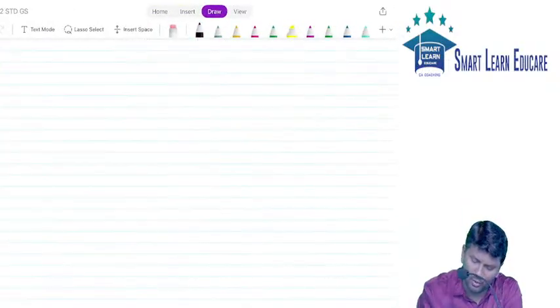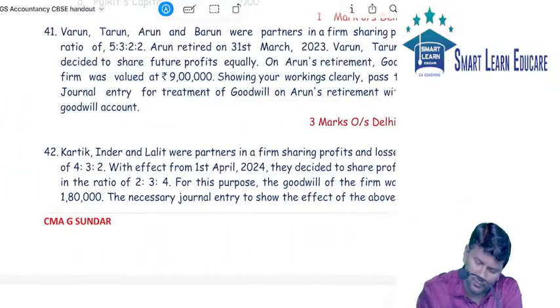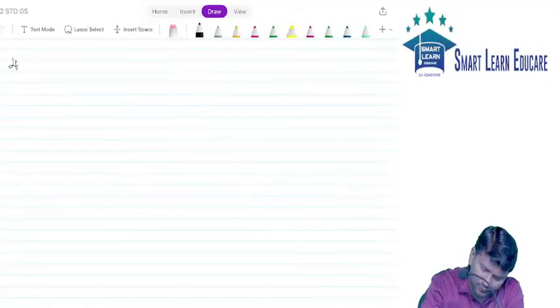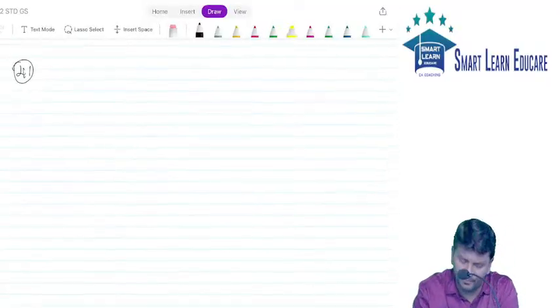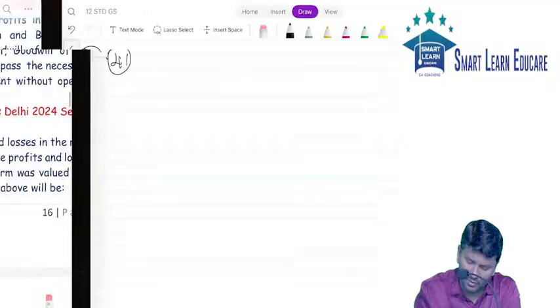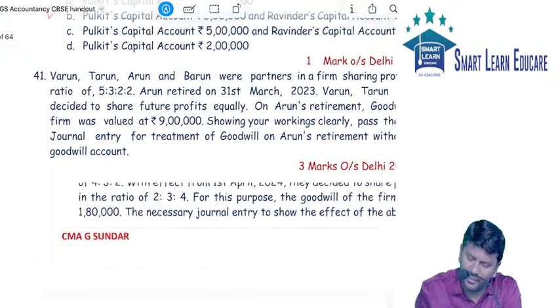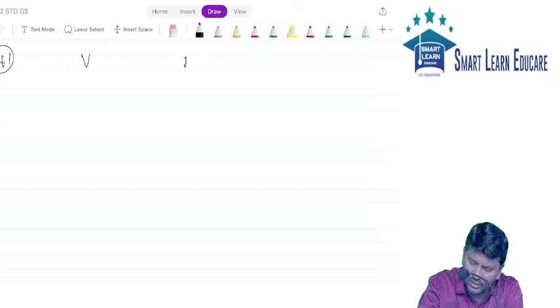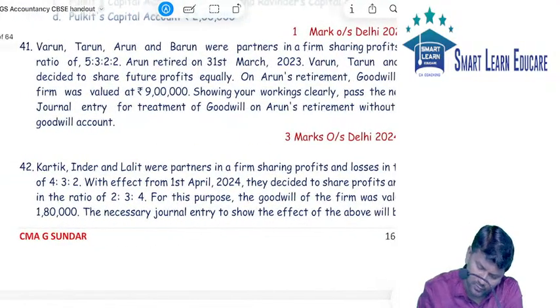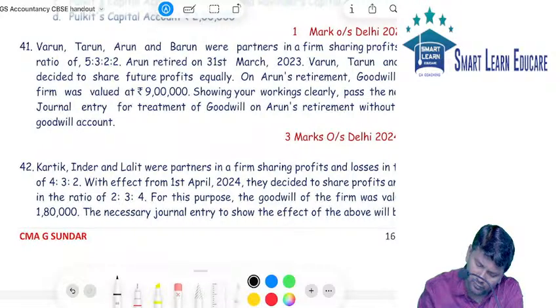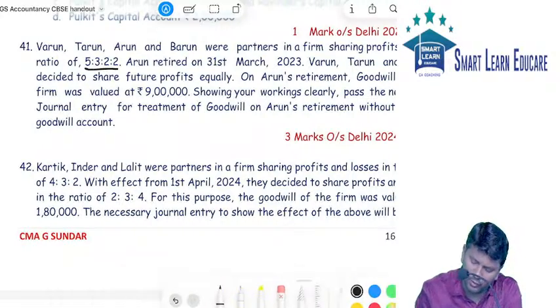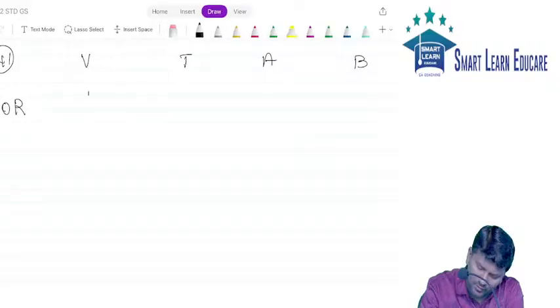First, old ratio, question number 41. Who are the partners' names? V, T, A, B. What is the old ratio? 5:3:2:2.